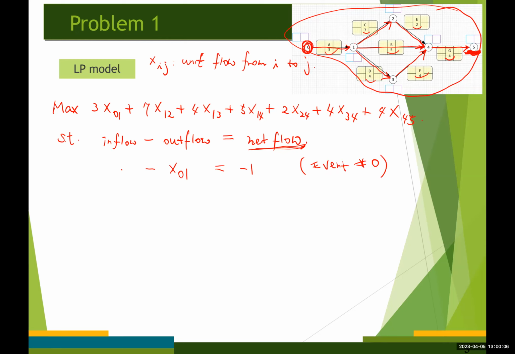Likewise, for event number 1, there is one inflow, but there are 3 different outflows, right? So let's put them in here. So x01 minus, there are 3 outflows, x12, x13, x14, right? Is equal to 0. That's for event number 1, right?